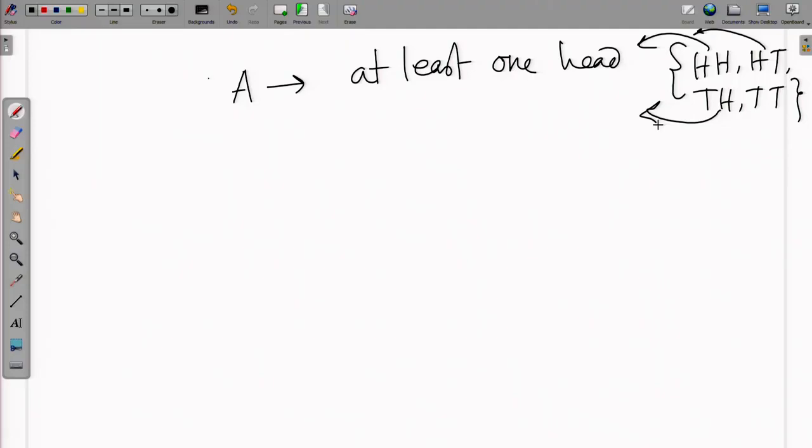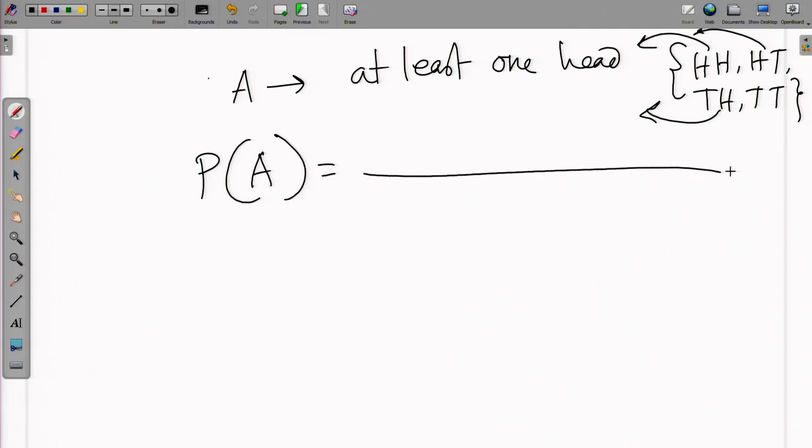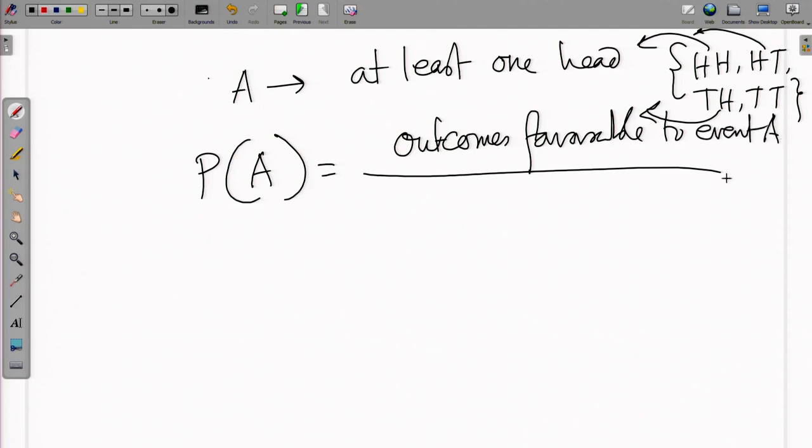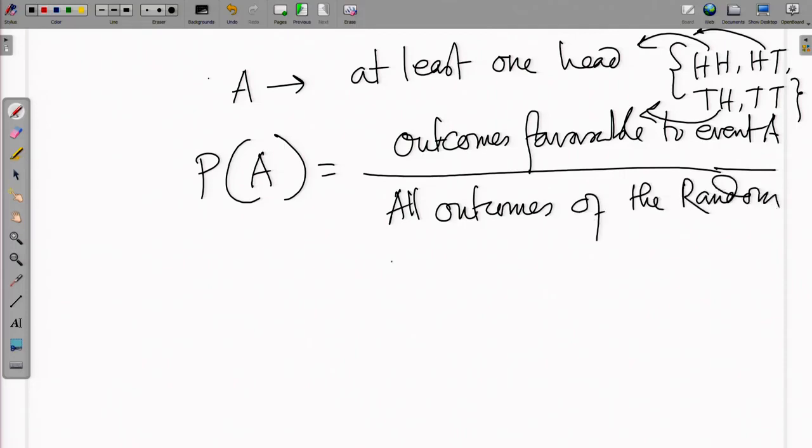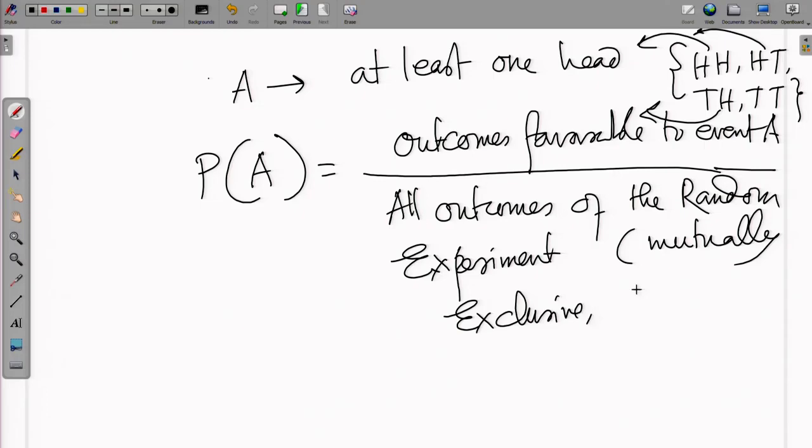A classical probability of an event A could be defined as a ratio of outcomes favorable to event A, whereas in your denominator you will have all outcomes of the random experiment, where the outcomes fulfill the conditions that they are mutually exclusive, exhaustive, and equally likely.